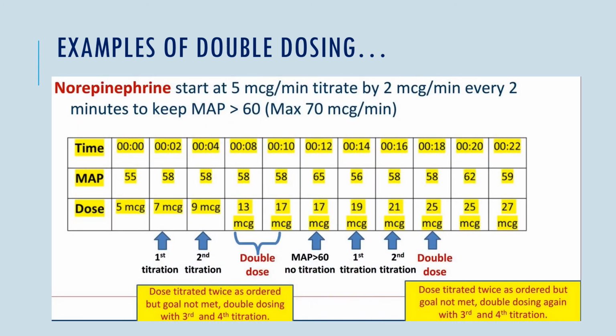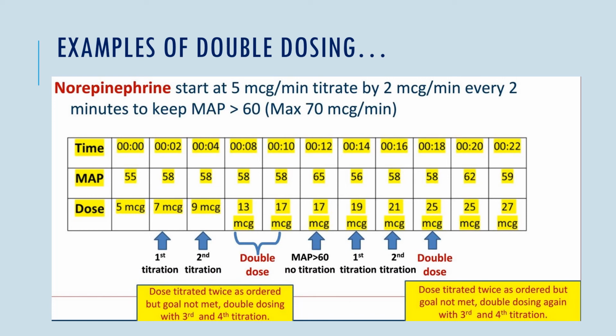In this example, again, after not reaching the MAP goal of above 60 after the first and second titration, the succeeding two titrations were double dosed while still following the titration frequency.